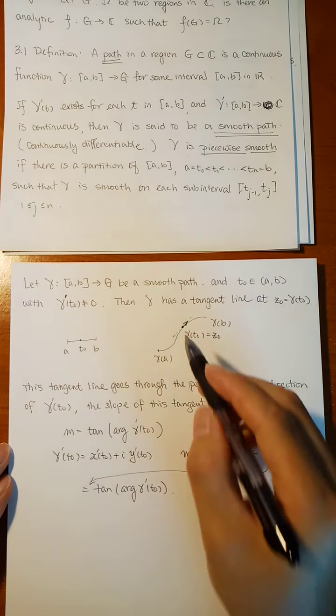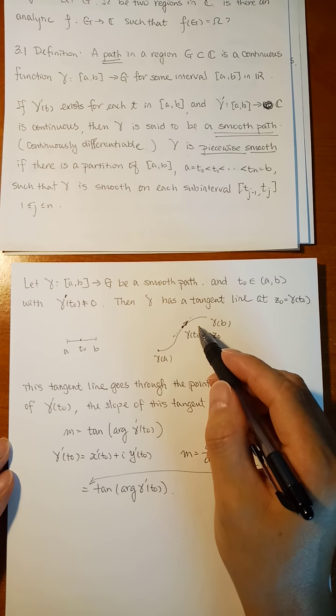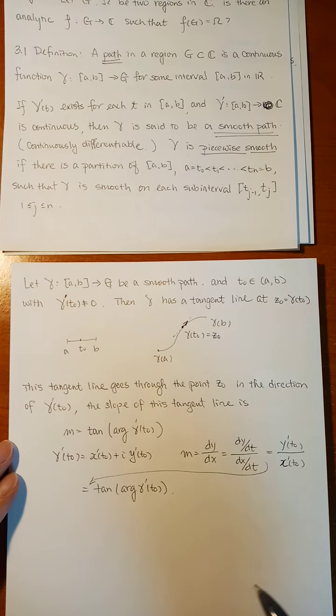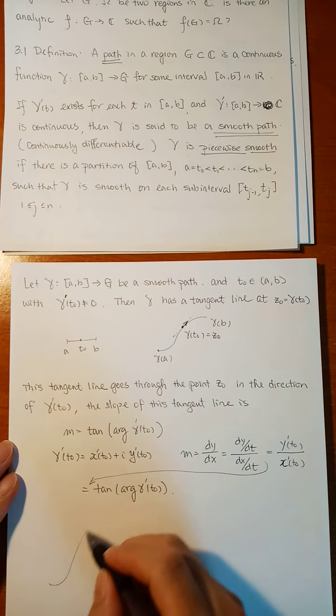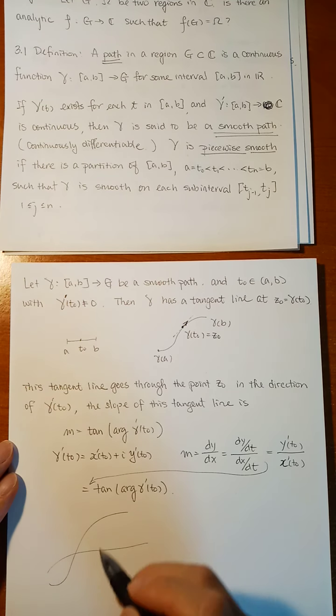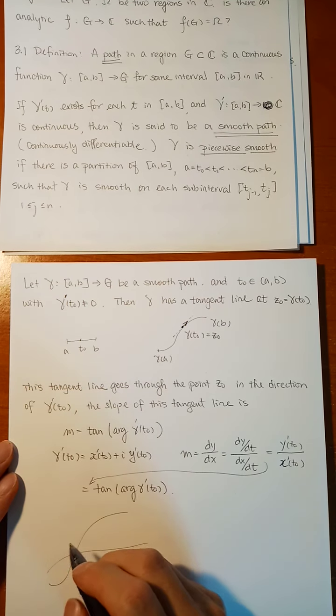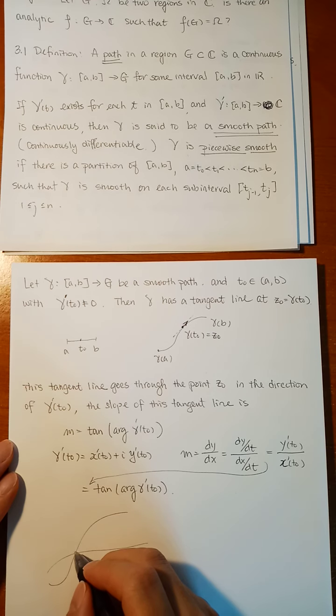And when we have those, this is one thing. When we have two curves, two smooth paths may intersect at one point.